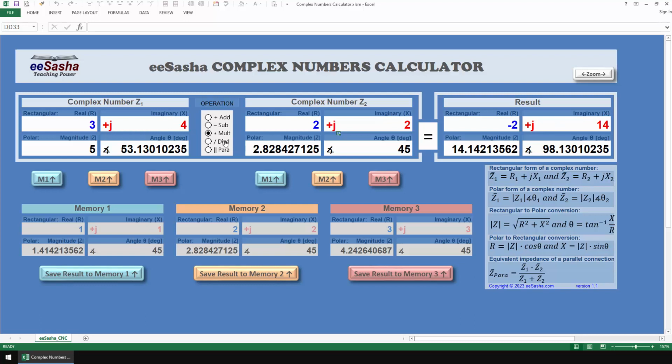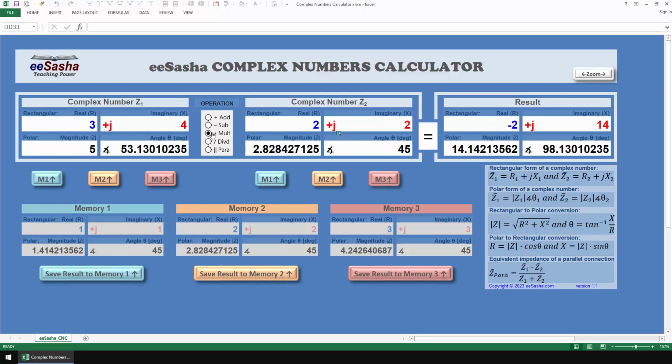I can change to multiplication. If I use multiplication, the calculator will actually use magnitudes to multiply them to calculate the magnitude of the result, and will also add up the angles to calculate the resultant angle. In this case, as you can see, the angle is larger than 90 degrees, which results in a real component to be negative.